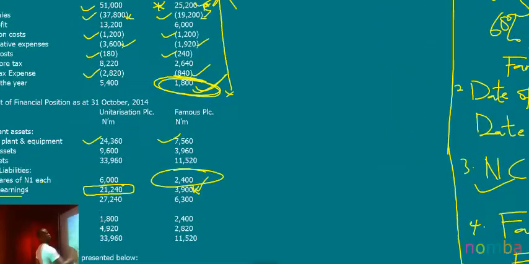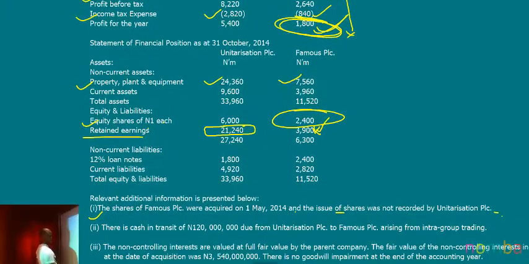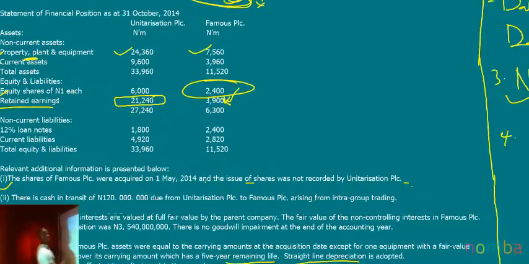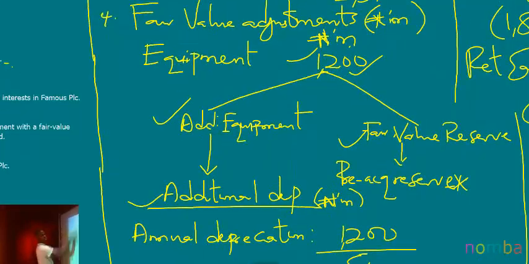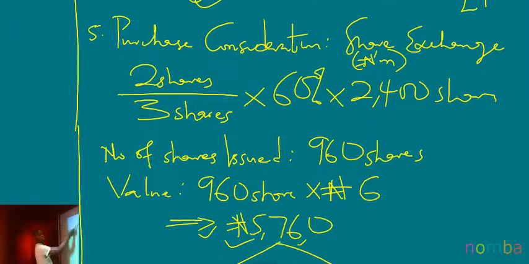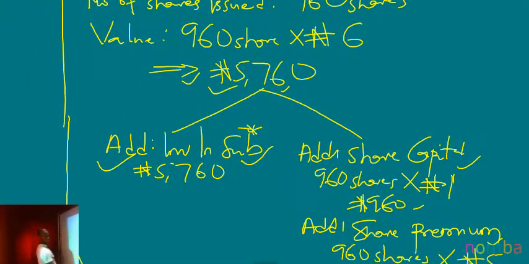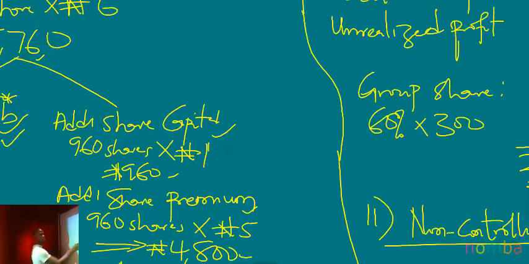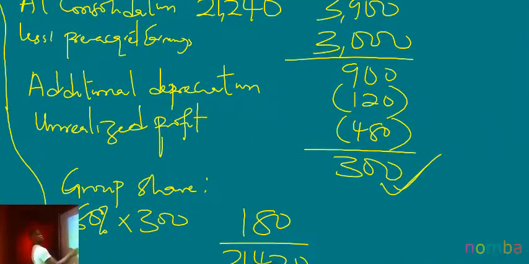In the question, the next item there visually was current assets. However, after this PPE, there is supposed to be investment in subsidiary, which we determined in our workings under purchase consideration. This investment in subsidiary of 5,760 is going to be cancelled out against the equity of the subsidiary.